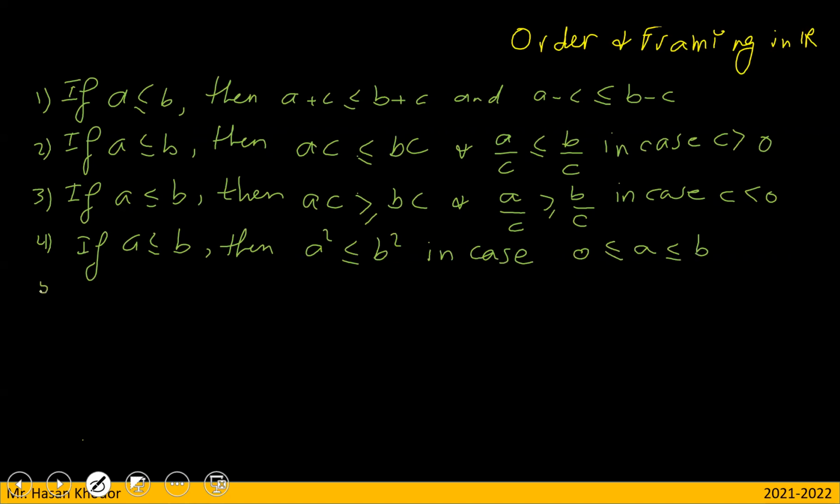However, if A less than B, but A and B are negative numbers, this writing means A and B are negative numbers, then what happens to the comparison of A square and B square? A square becomes bigger than B square. Fine.